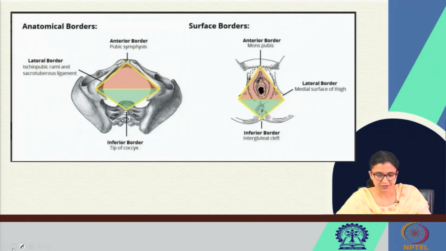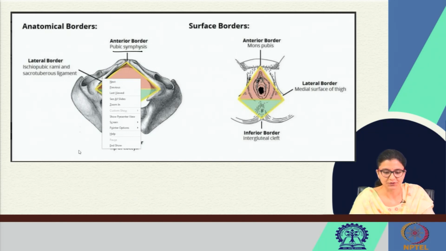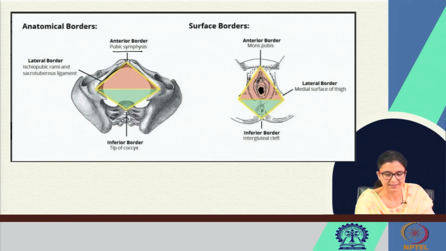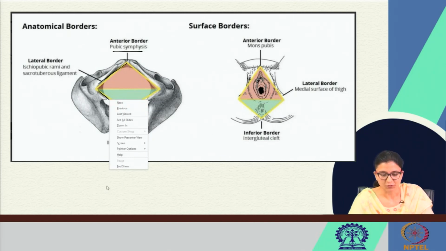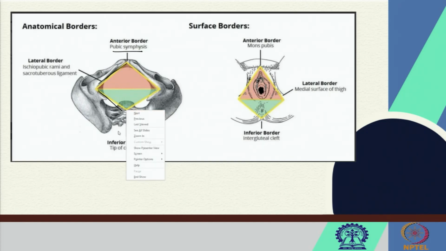We have another picture. This is showing the anatomy, the anterior border, that is the bony prominence, the symphysis pubis, the lateral border, anteriorly the ischiopubic rami, and posteriorly the sacrotuberous ligament, and at the posterior end is the coccyx. This is also known as the perineum.